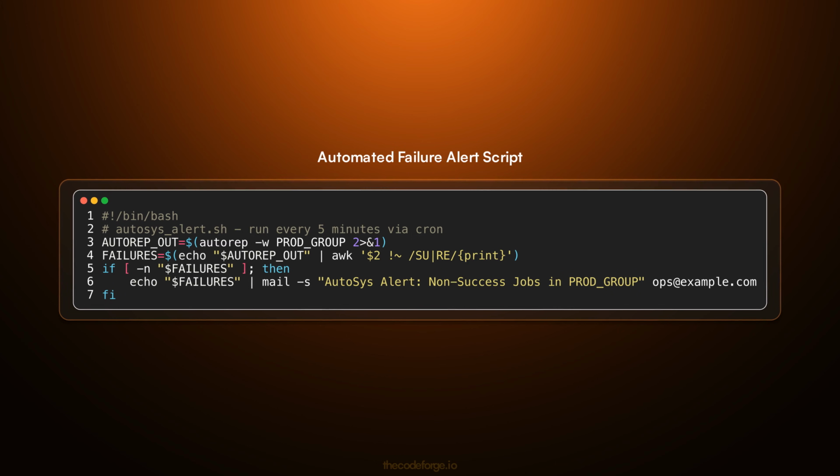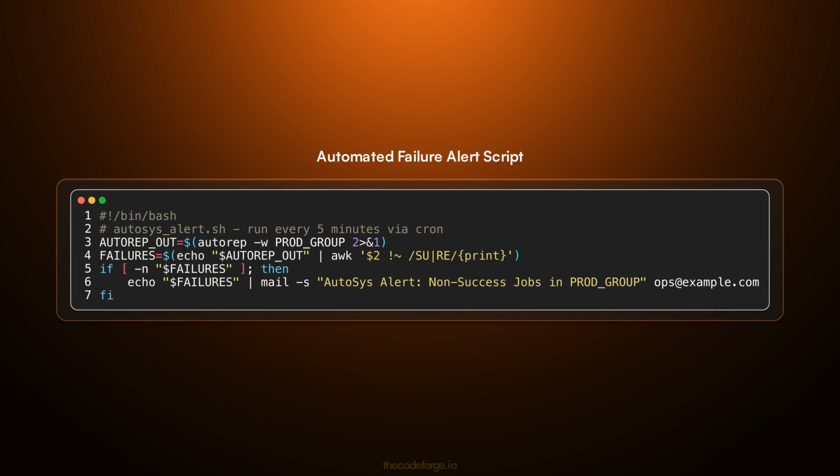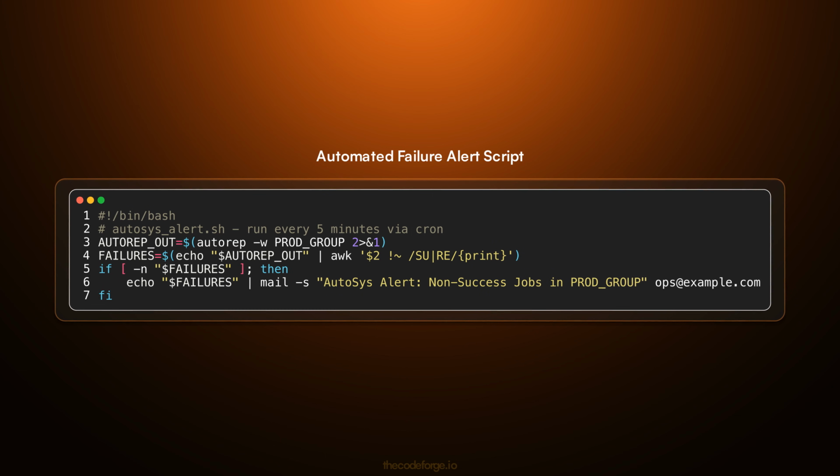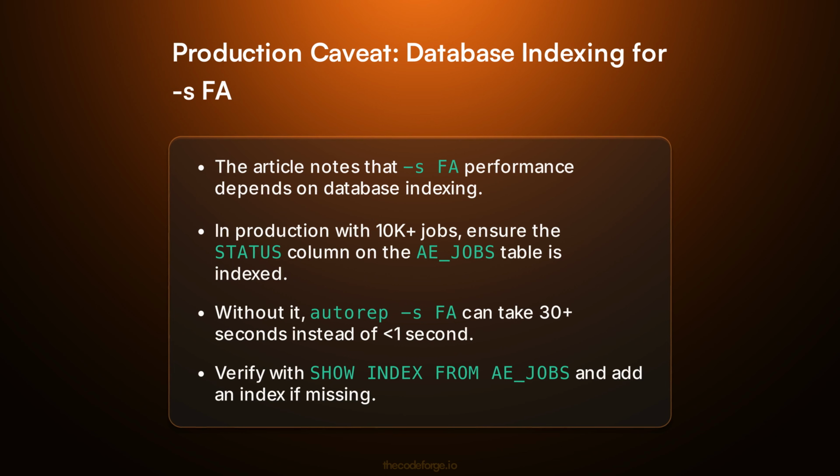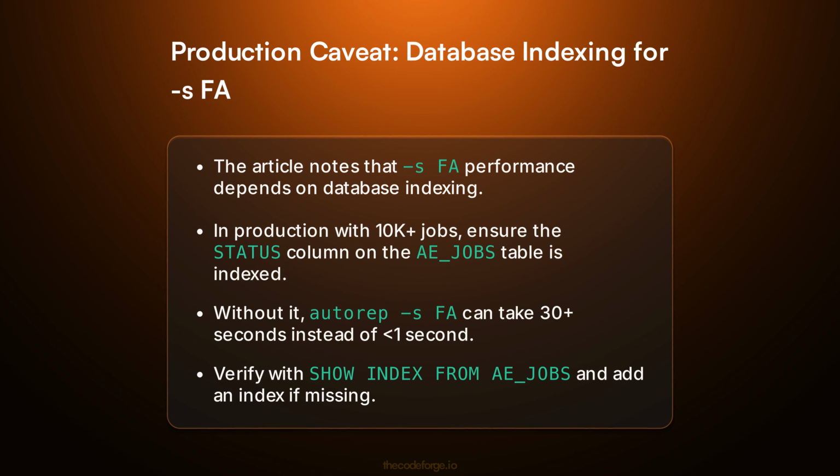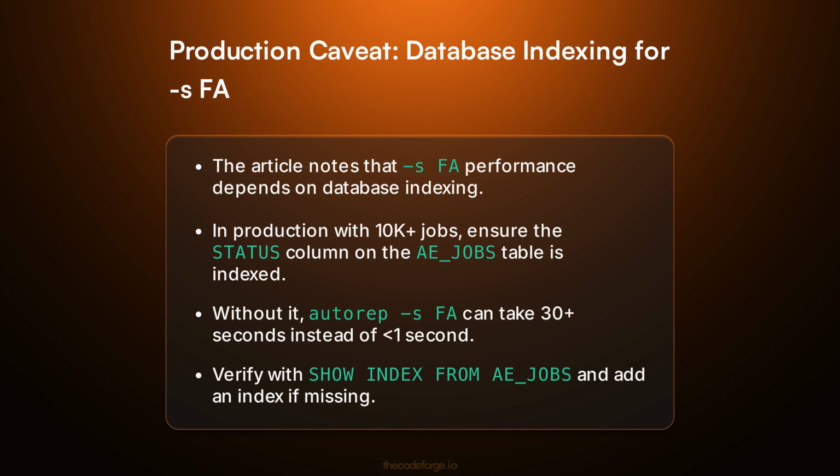The article mentions pairing W with a script for alerting, but doesn't show a concrete example. Here's a production-ready cron script that emails only non-success jobs using W and awk. The article notes that SFA performance depends on database indexing. In production with 10K plus jobs, ensure the status column on the IJOBS table is indexed. Without it, autorep SFA can take 30 plus seconds instead of 1 second.